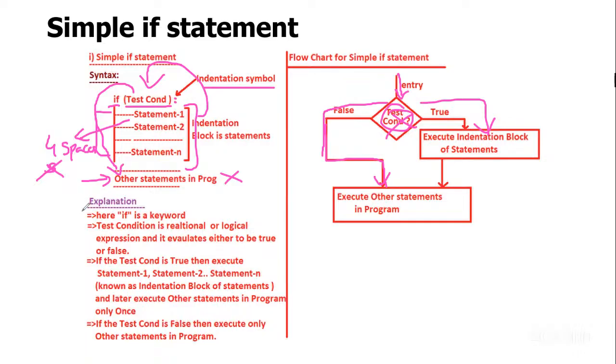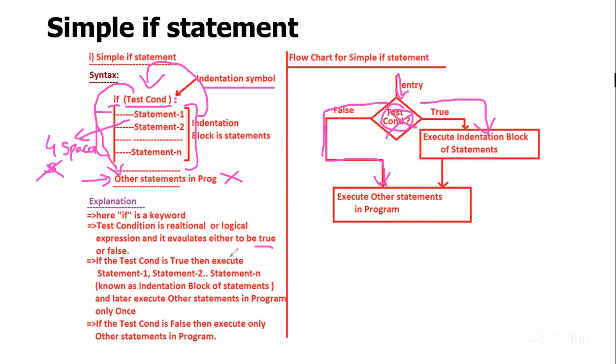Coming to the explanation part, the if that we are using here is a keyword. Then we are also providing the condition, the test condition. So this condition will be used for evaluation. Depending on the output that we get, whether it is true or false, accordingly, the next step will be taken.